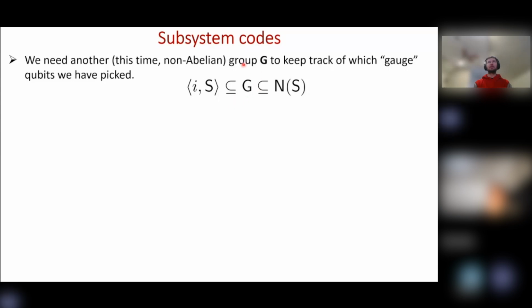The gauge group here is a subgroup of the normalizer, which is every Pauli that leaves the code space invariant, which means that it doesn't take you out of the code space. It can do a logical, but it doesn't take you out. So this gauge group can be a subgroup of the normalizer, which is basically the entire logical Pauli group and the stabilizer group. And it will include the stabilizer.